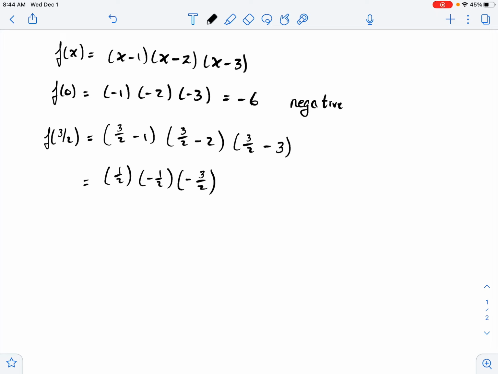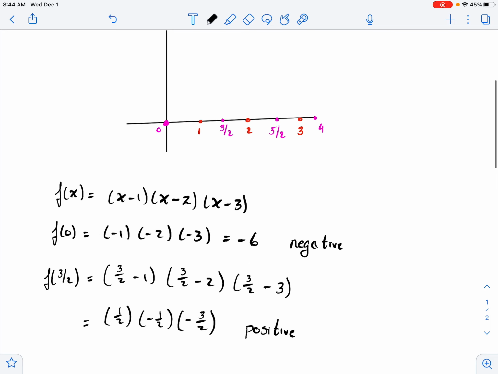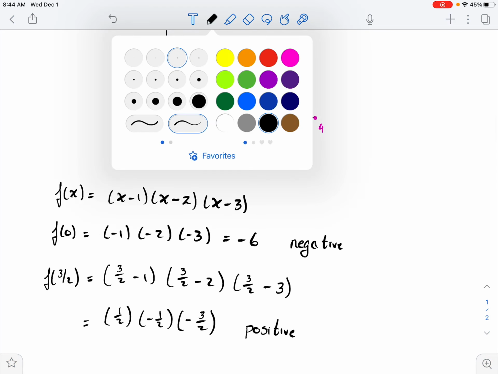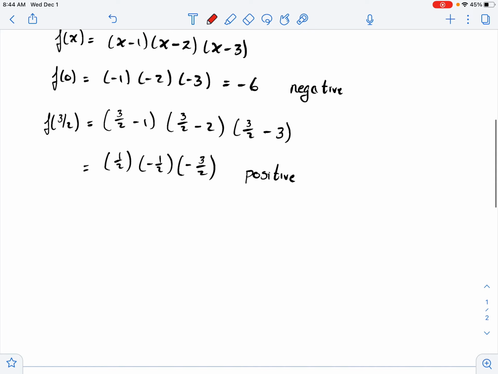I'm multiplying a positive times a negative times a negative. A negative times a negative is a positive, times a positive, so I get a positive result. This tells me that in between 1 and 2, my function is positive, up here somewhere, whereas down here it's negative.